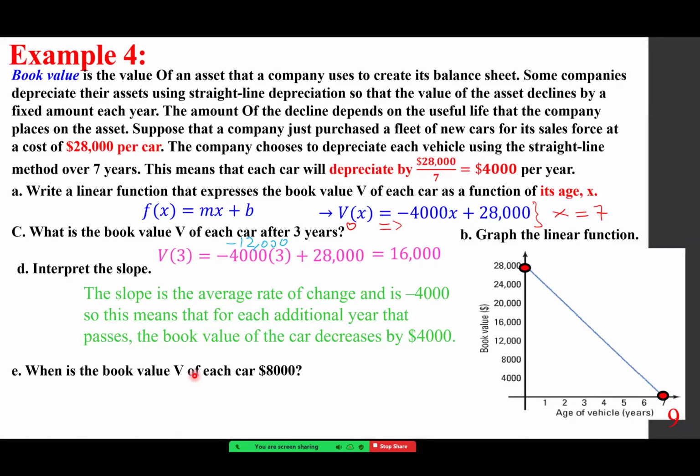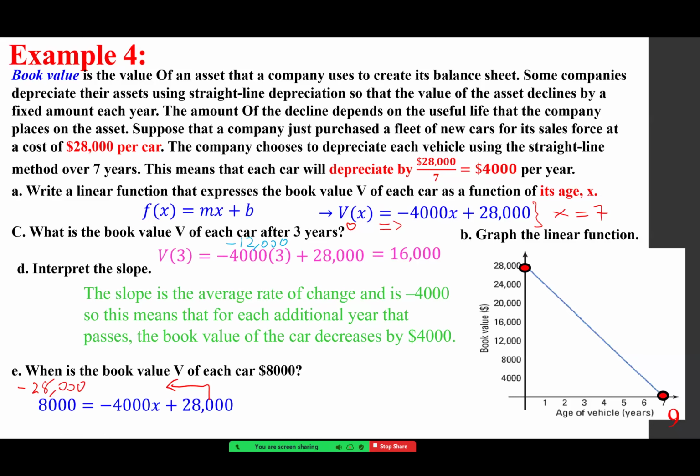Where is the book value V of each car $8,000? So go back to this and replace the V with 8,000. I'm going to move the 28,000, it becomes negative 28,000, and with 8,000 they add up to negative 20,000.